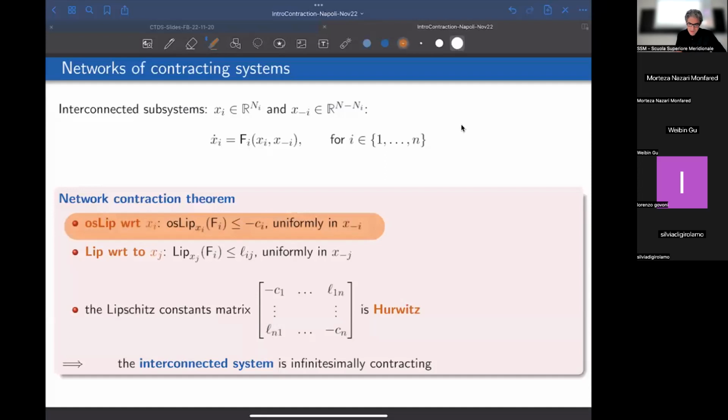I write saying that the dynamics Fi of the system i has a one-sided Lipschitz constant with the contraction rate equal to Ci, right? So Ci are going to be positive. I'm going to be having strict contraction of each individual dynamics. So right now I am interconnecting stable systems, or even robustly stable systems, contracting systems.